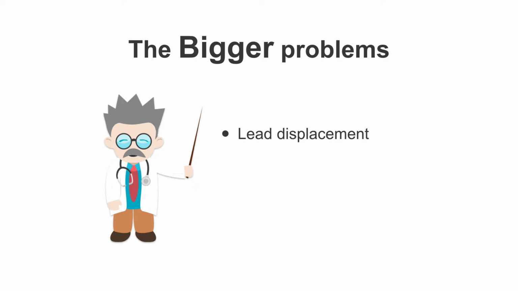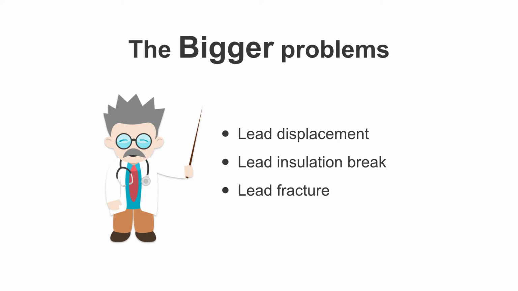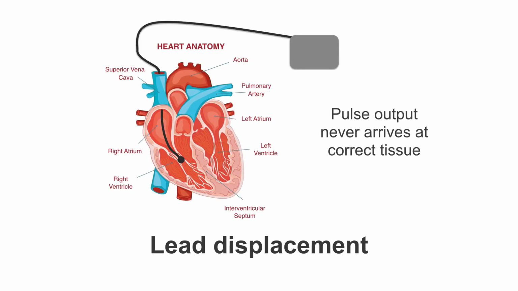We have lead displacement, a lead insulation break, or a lead fracture. Let's break these down. A lead displacement is where the lead has come away from where it is meant to be. These most commonly occur within 4 to 6 weeks of pacemaker implant.